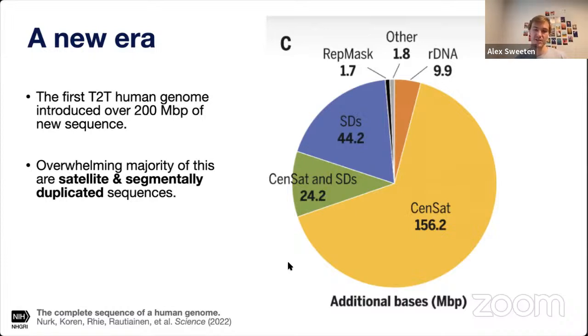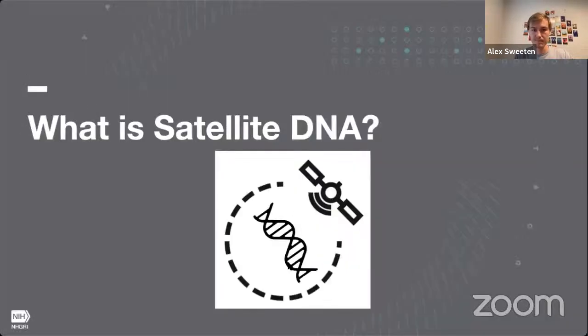Segmental duplications, these are just large duplicated blocks, make up a little over 1/4. rDNA, which is a very repetitive gene array present in the acrocentric chromosomes, make up almost 10% of this. So just a lot of repeats are what have been added to the reference genome here.